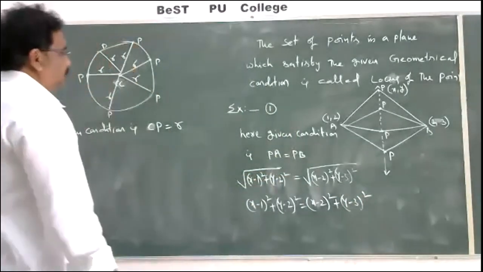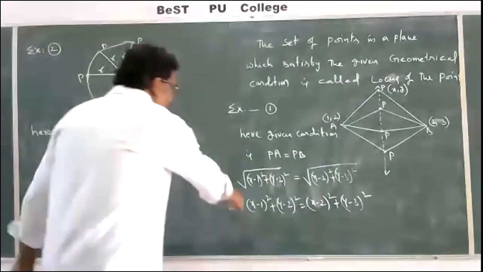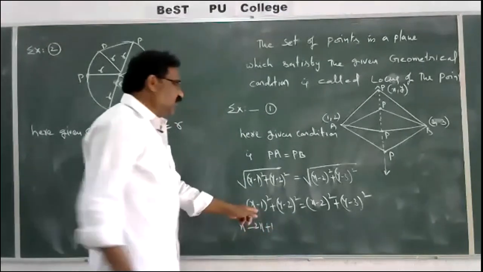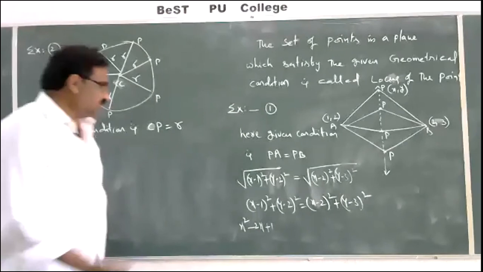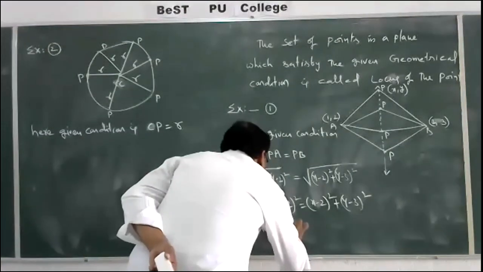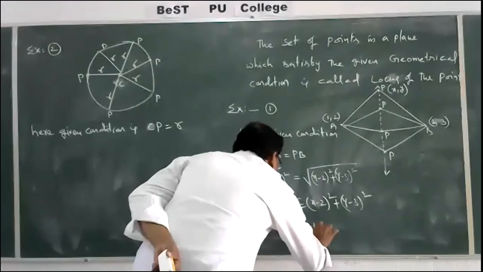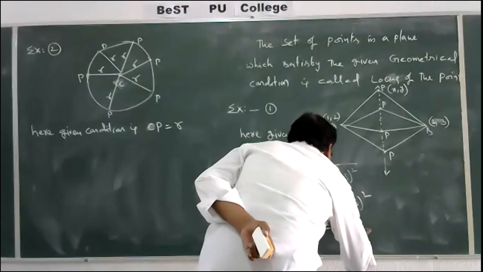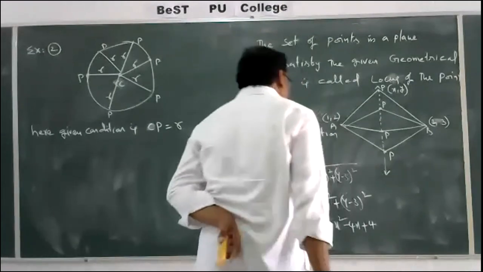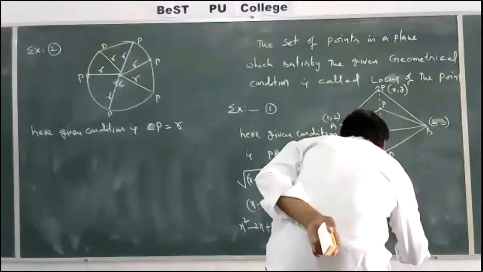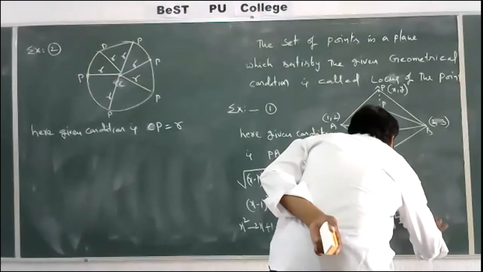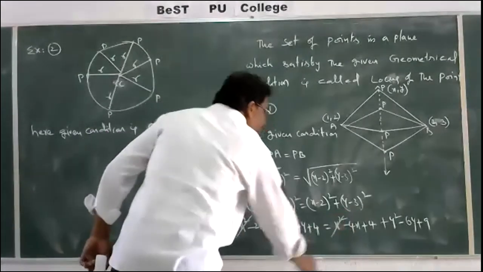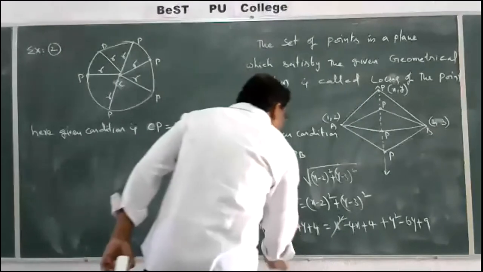Expanding this using the (a minus b) whole square formula: x square minus 2x plus 1 plus y square minus 4y plus 4 is equal to x square minus 4x plus 4 plus y square minus 6y plus 9. Observe, on both sides x square cancels. On both sides y square cancels.